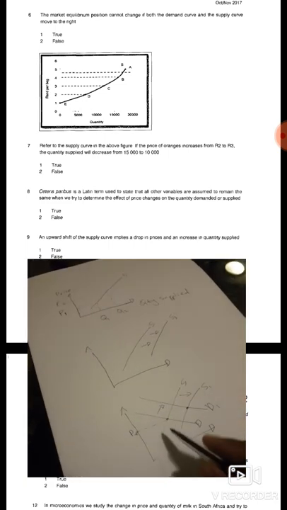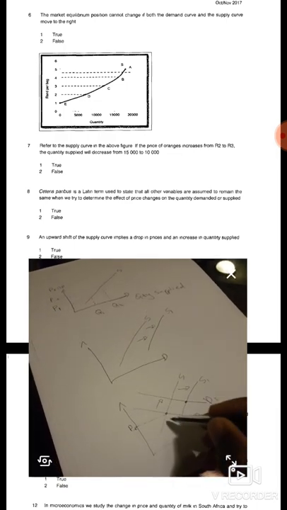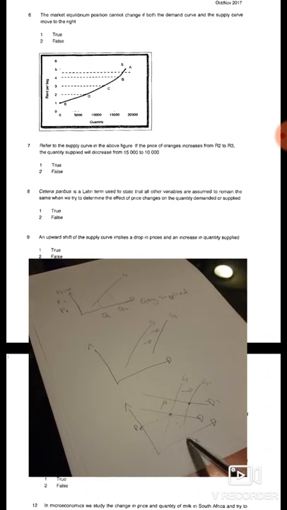The equilibrium position didn't change because initially we had the equilibrium position at, let me say here is PE, and here is QE. To have the equilibrium position, you must have a situation where the quantity supplied is equal to quantity demanded. But in this case, the change can only be seen on quantity.